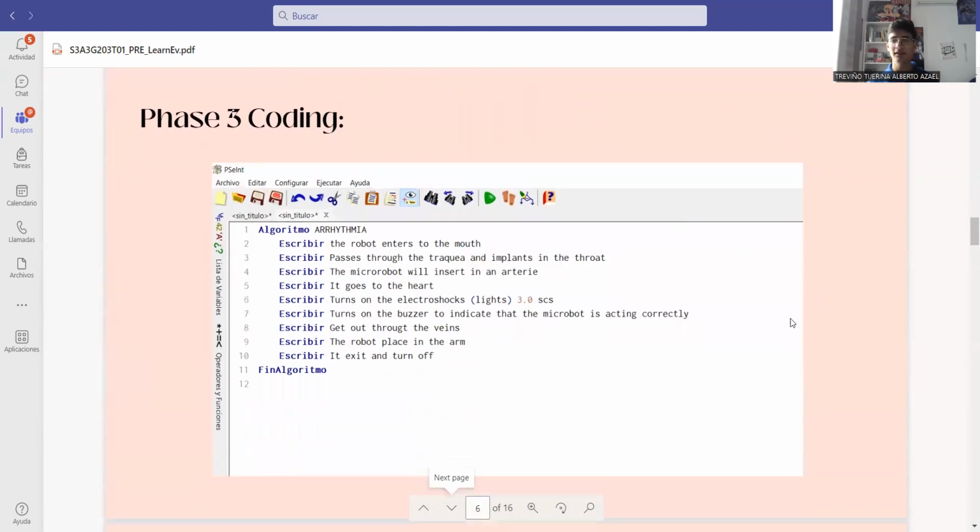In phase three, the implementation is the coding, and here is the coding of the robot, the nano robots.